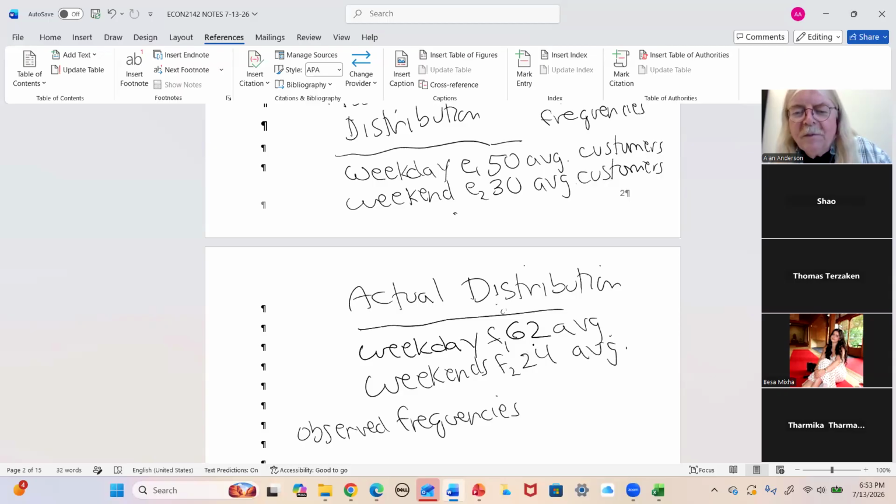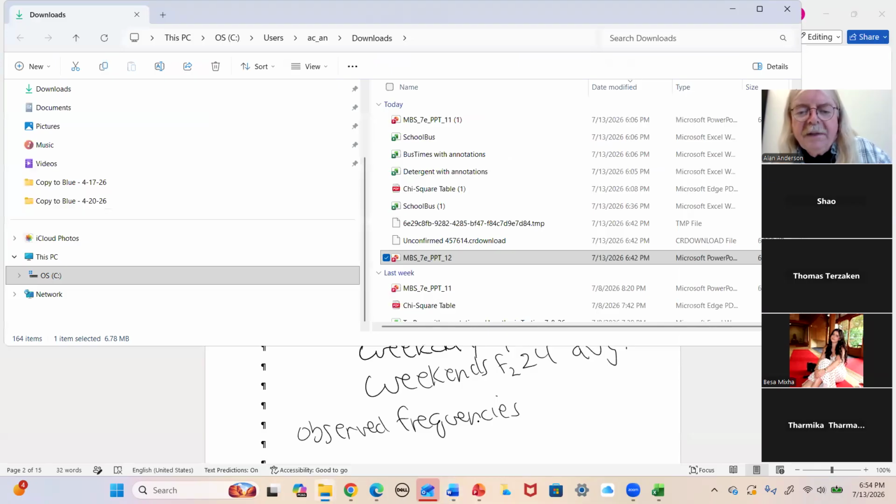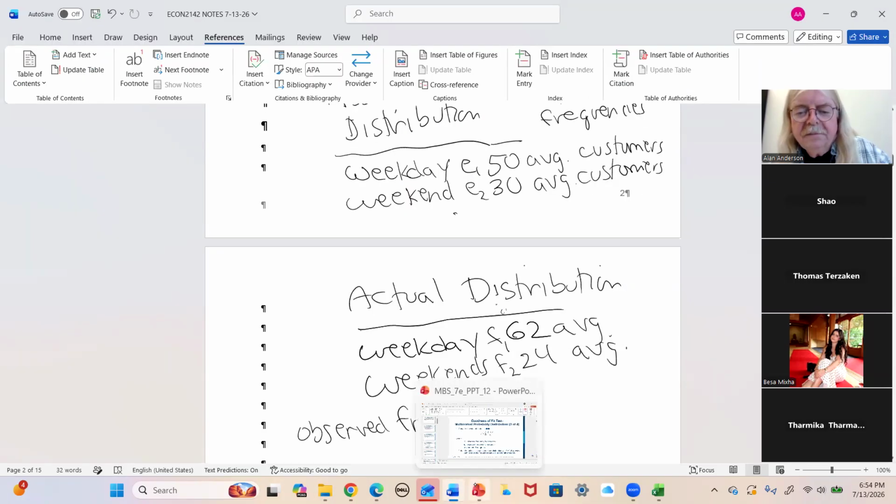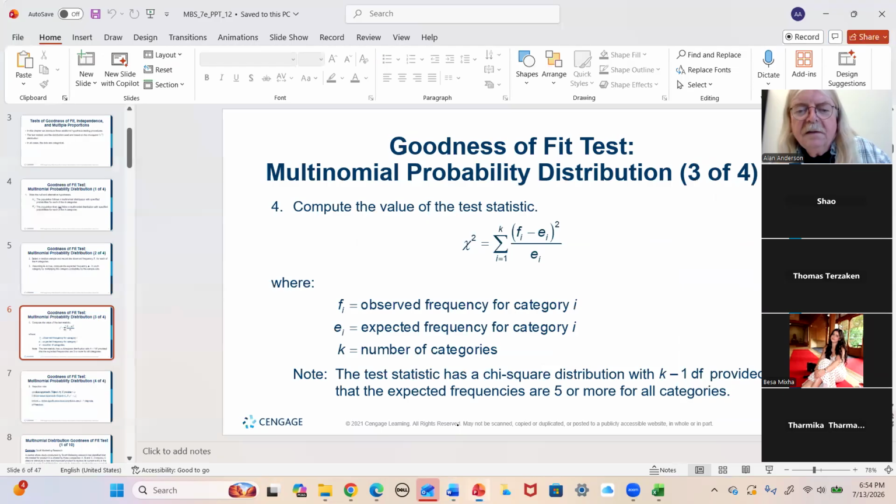All right, I didn't leave myself a whole lot of room there, but these are the observed or actual frequencies. We'll label these F1 and F2 because there's only two of them. And they mention it here in the slides. Observed or actual frequencies for that category.